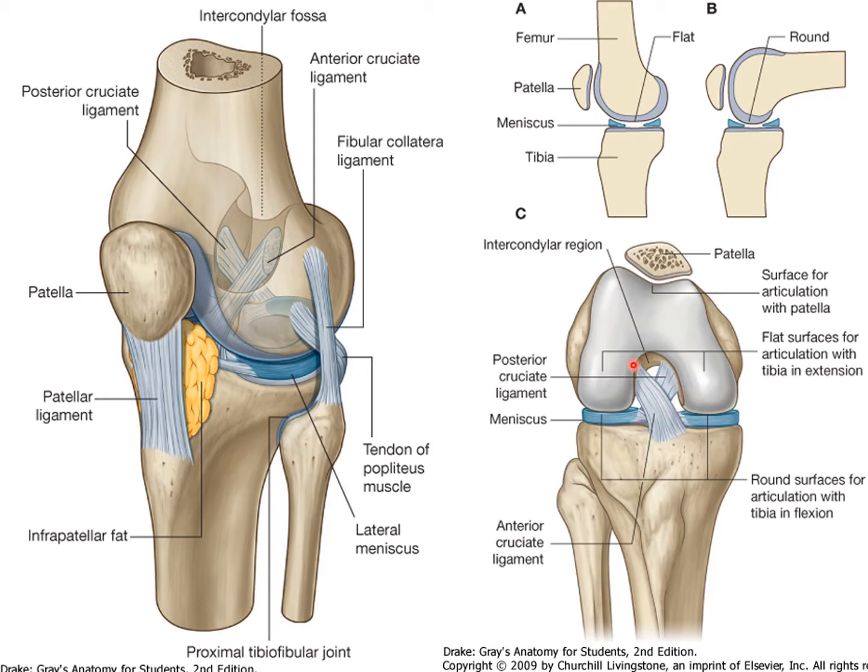So this is the anterior cruciate ligament and posterior cruciate ligament. These are very important because they help in keeping the femur and the tibia together. If these ligaments are injured, there will be instability of the knee joint. That's why the anterior and posterior cruciate ligaments are important.